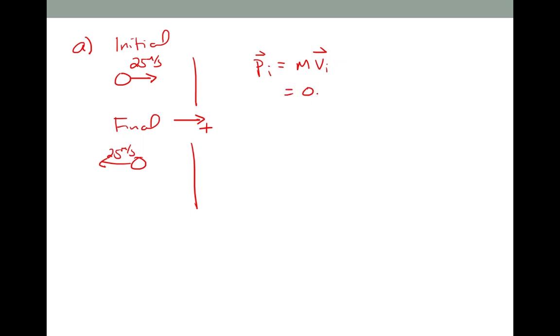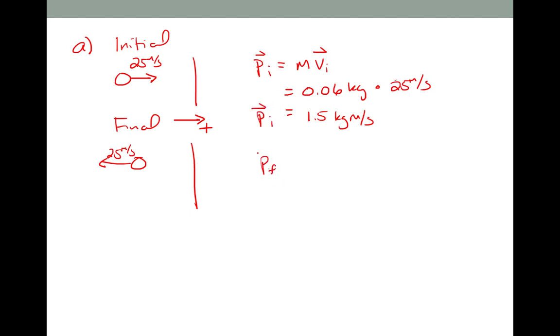So this is 0.06 kilograms times 25 meters per second, which works out to be 1.5 kilogram meters per second, and it's positive because it is to the right.